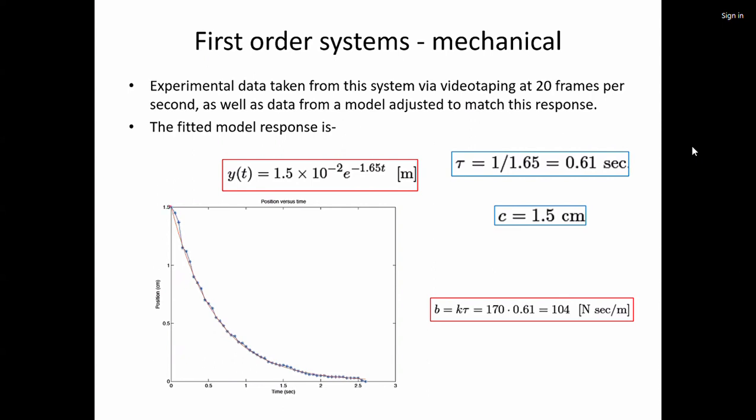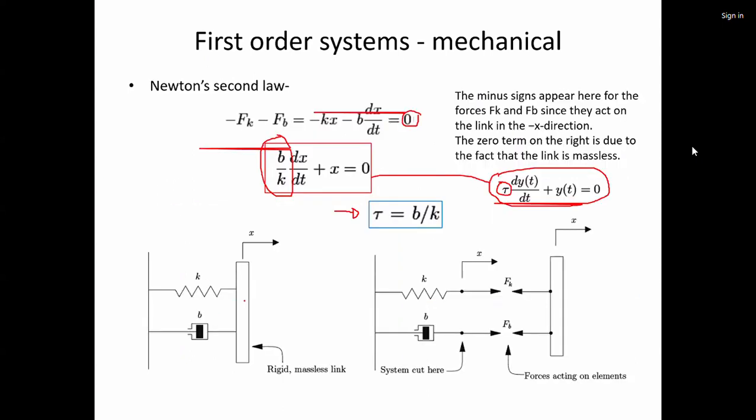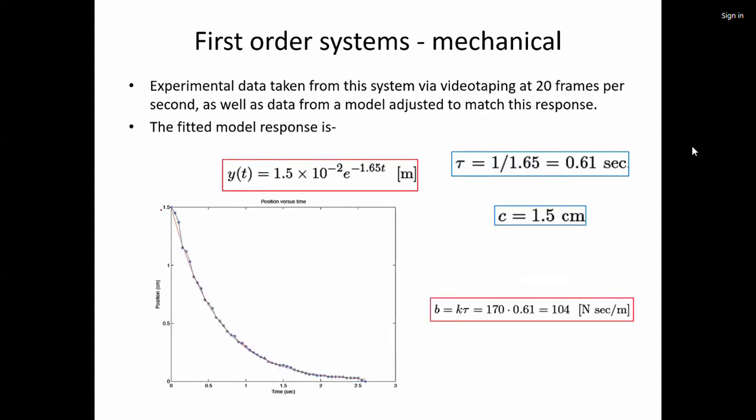initially what you do is basically you stretch this very slowly to some other position and slowly leave it. So according to a first order system, this should slowly come back to its original position. So that is what it is doing. So initially, when t equal to 0, your displacement is 1.5 into 10 to the minus 2, which is shown here, 1.5 centimeter. And as time progresses, it is going to decay following this.